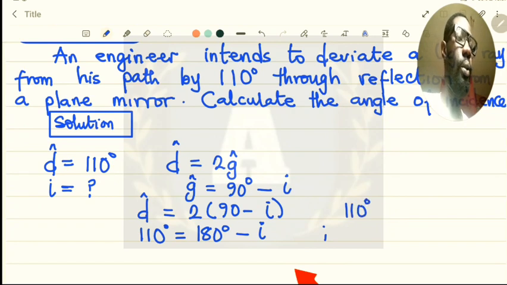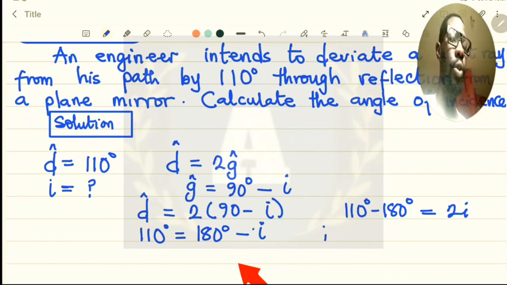All right, so now we bring this 180 here, so we have that 110 degrees minus 180 degrees equals minus 2I. Apologies, it should be 2I when we remove the bracket.